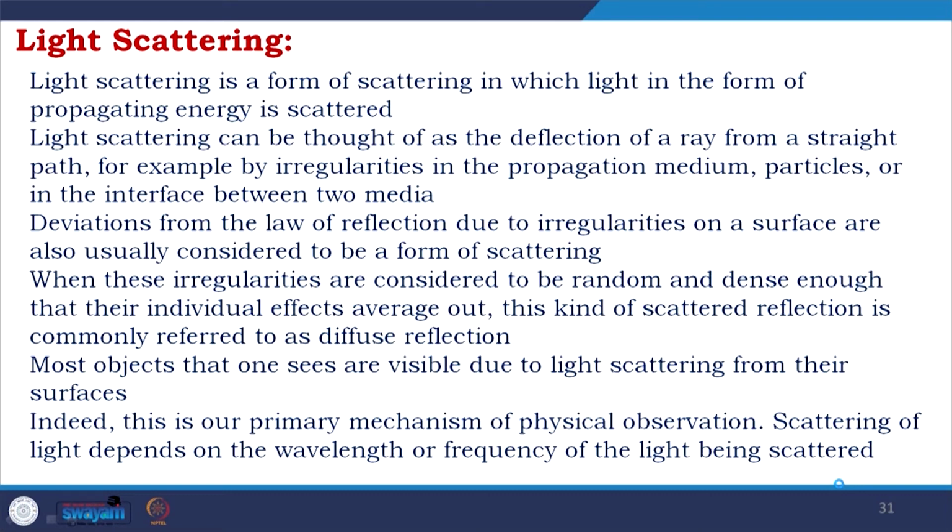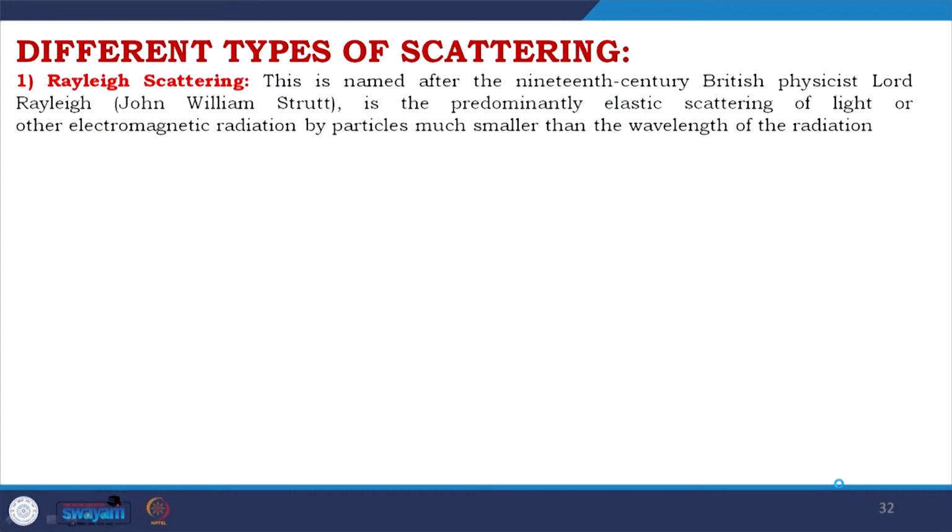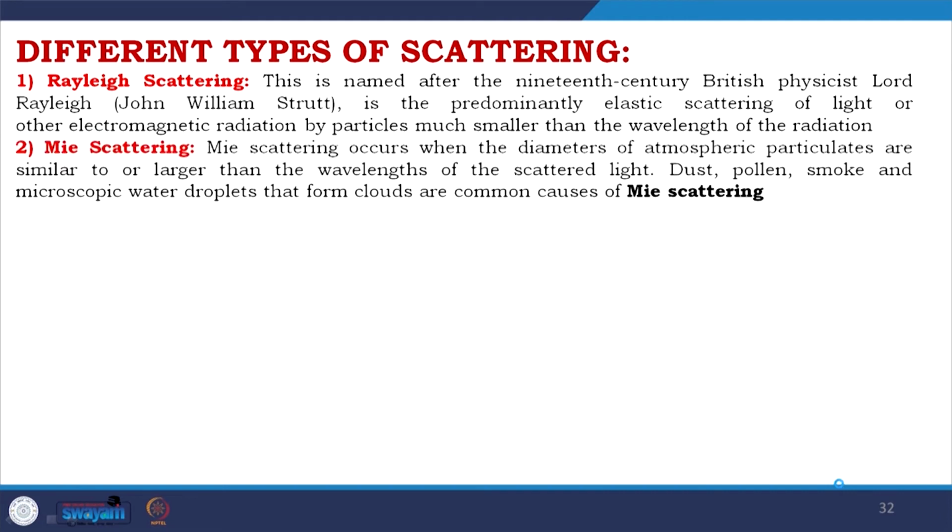Scattering of light depends on the wavelength or frequency of the light being scattered. There are different types of scattering, like Rayleigh scattering, named after the 19th century British physicist Lord Rayleigh. It is the predominantly elastic scattering of light or other electromagnetic radiation by particles much smaller than the wavelength of radiation. Mie scattering occurs when the diameter of atmospheric particulates is similar to or larger than the wavelength of the scattered light.